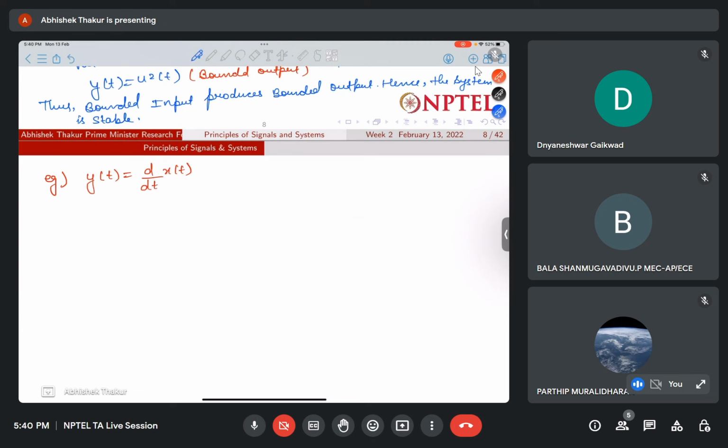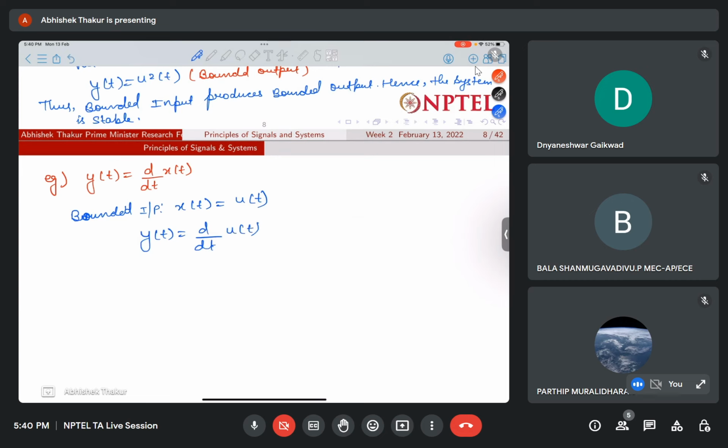In this case, again, we will give some bounded input. We'll give one bounded input, that is x(t) is equal to u(t). Now y(t) is equal to the differentiation of x(t), where x(t) is given as u(t).